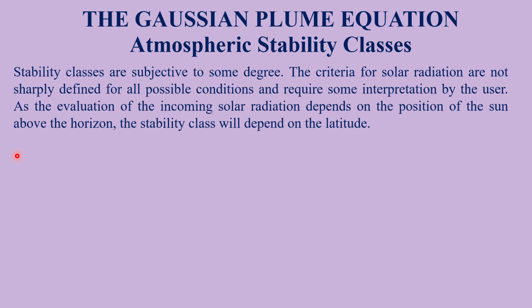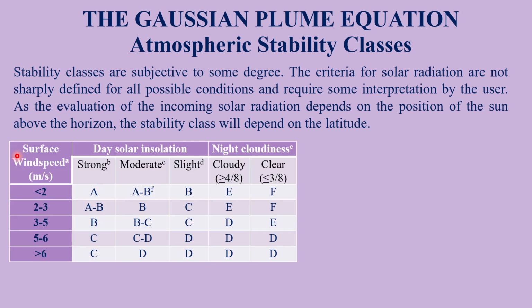Now, stability classes are subjective to some degree. The criteria of solar radiation are not sharply defined for all possible conditions and require some interpretation by the user. As the elevation of the incoming solar radiation depends on the position of the sun above the horizon, the stability class will depend on the latitude.